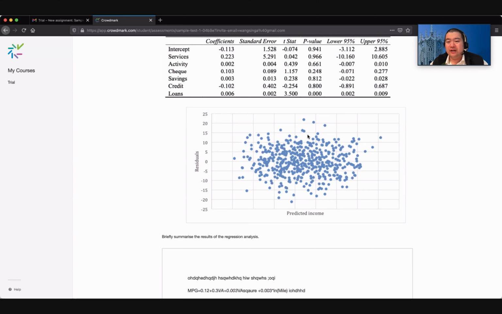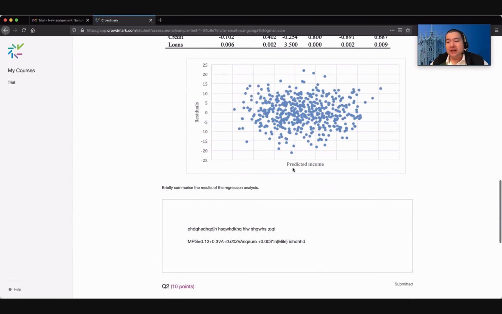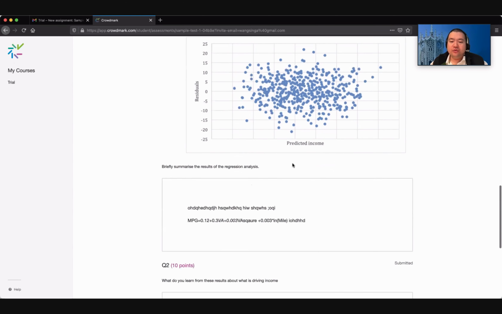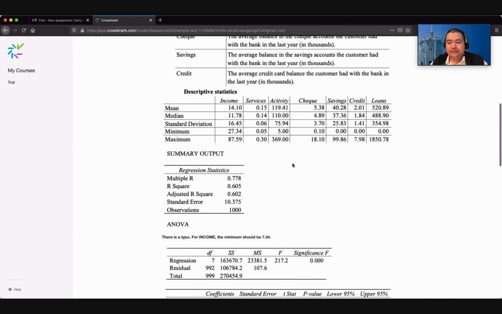It's very symmetric. The upper part is quite even with the lower part. Also the average is zero, which implies this model is valid, okay, right? But this time I provide you more details.